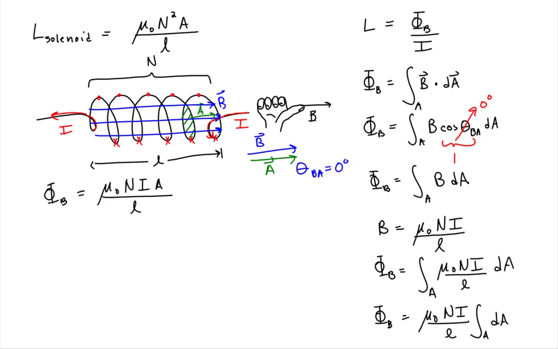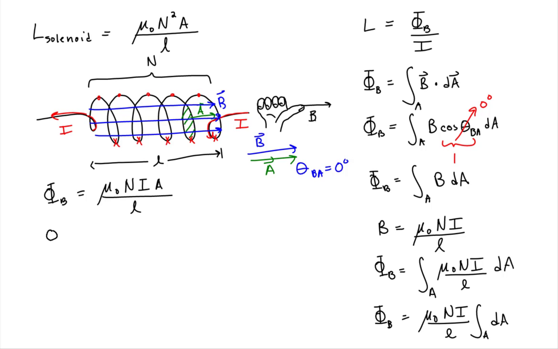What we have found here is the magnetic flux of one loop of the solenoid. We need the total magnetic flux of the entire solenoid, and the entire solenoid has n loops.